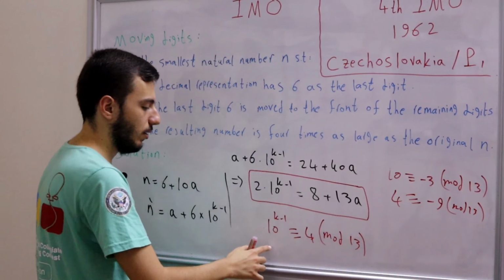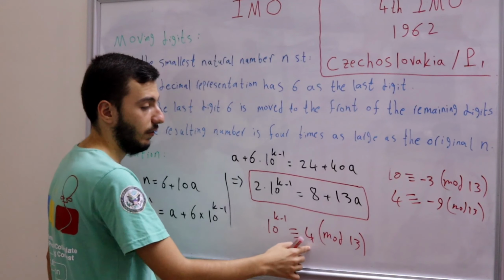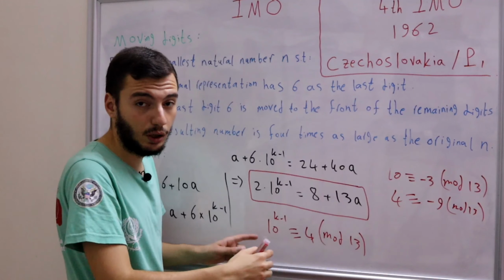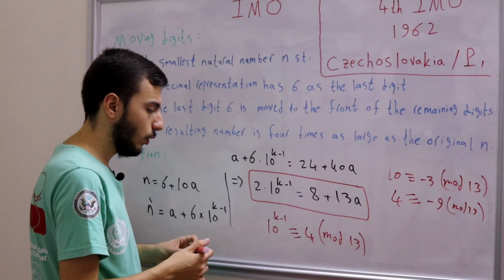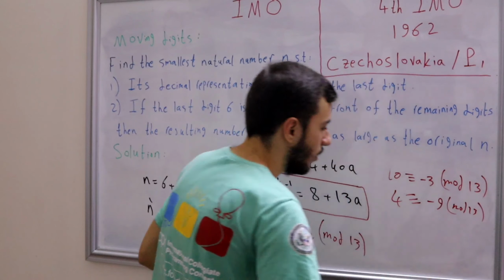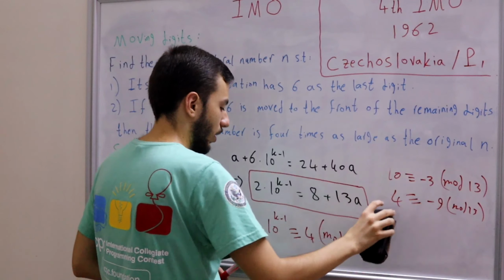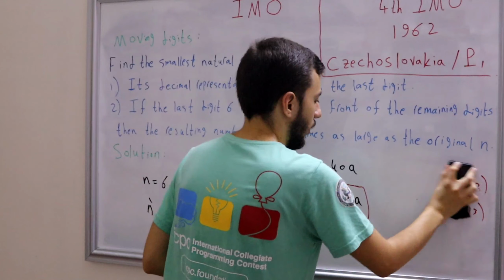So now clearly this is much more suitable than 10 and 4, because take a look here, minus 3 and minus 9. Now we can try to divide here. So it makes sense to replace them by that. Let's memorize that: 10 is minus 3, 4 is minus 9. Let's write that in a new equation.